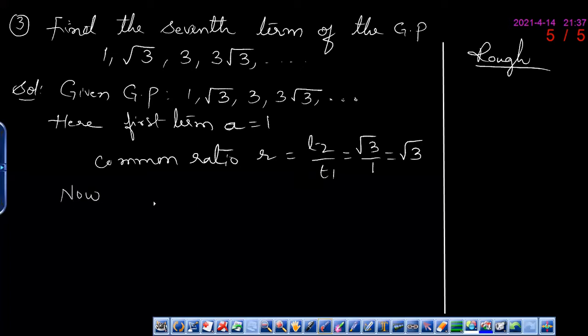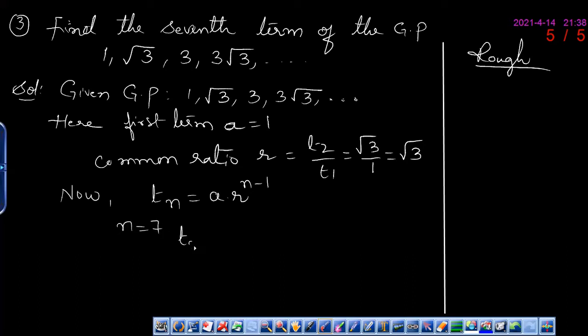Now how to find the seventh term, Dheeraj? We have to find a, which equals 1. And Tn equals a into r power n minus 1. Very good. n equals 7.